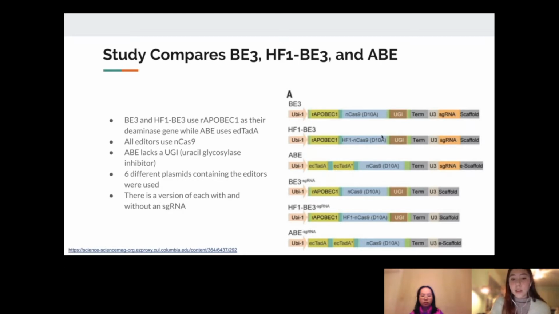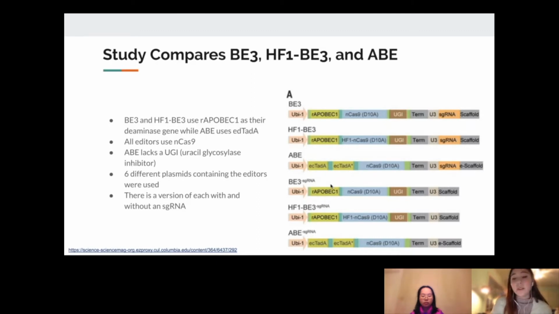In the cytosine base editors, the deaminase unit is called rAPOBEC1. This is rat APOBEC1, which catalyzes the deamination of cytosine. In ABE, we want to deaminate adenine. So instead of using rAPOBEC1, we'll use something called ecTadA, which is a deaminase for adenine.